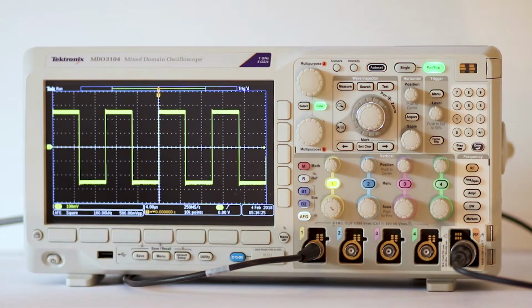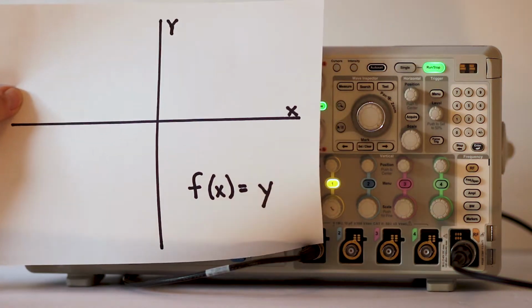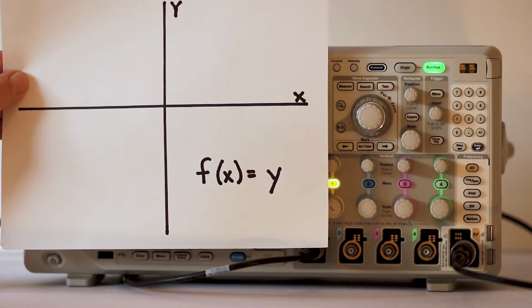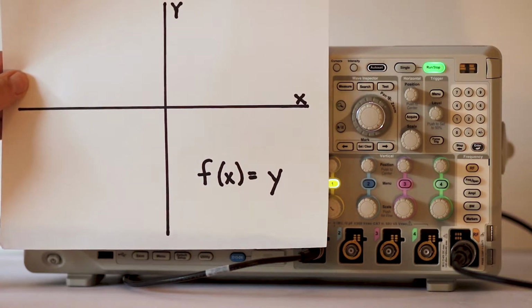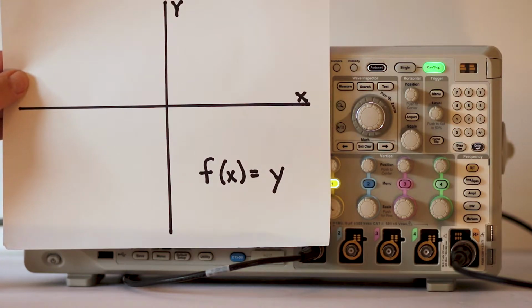By way of background, in mathematics, a function is frequently graphed in Cartesian coordinates. Two axes intersect at right angles, the origin of which is placed at the center of the graph. By convention, the vertical line is known as the y-axis, and the horizontal line is known as the x-axis.